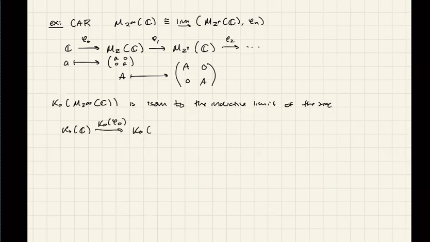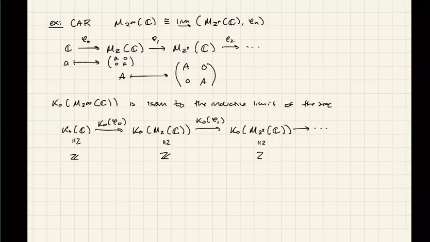K0 of M2, and so on. Like I said before, we know the K0 groups of the terms in our sequence. So this is the integers, this is also the integers, this is also the integers, and so on and so forth.